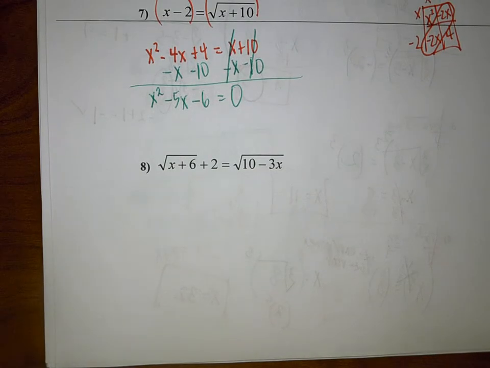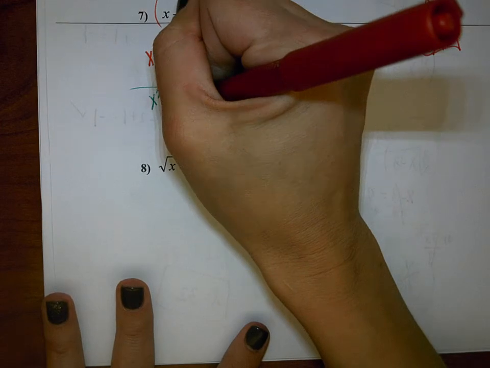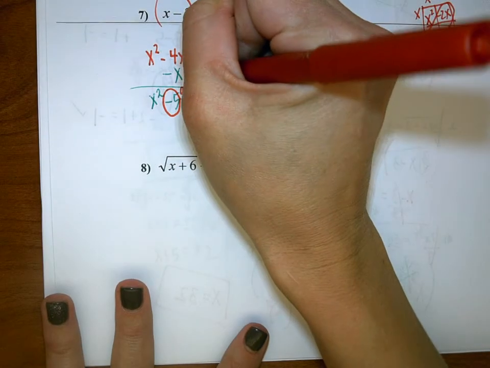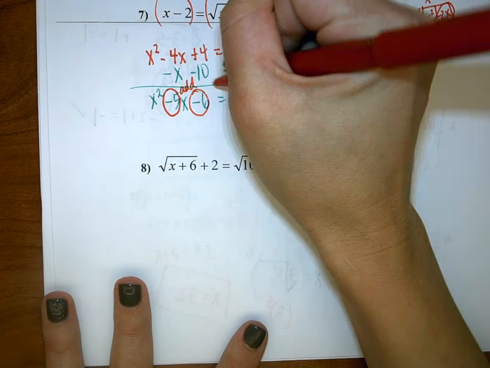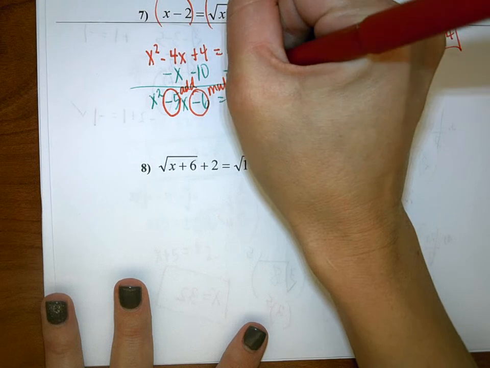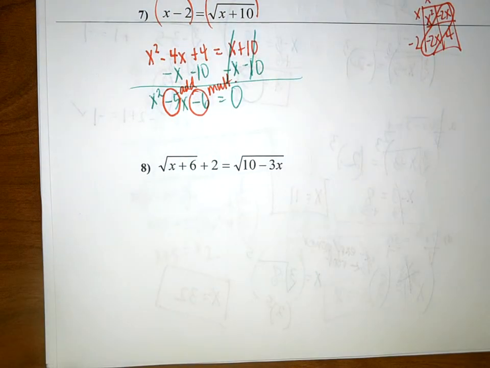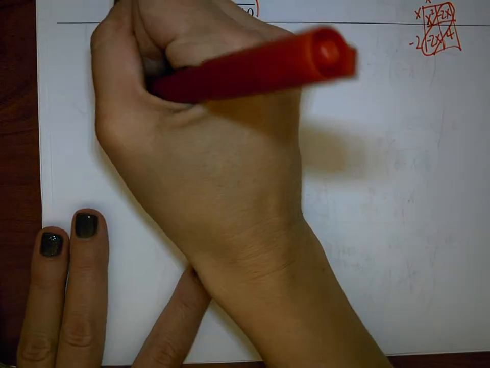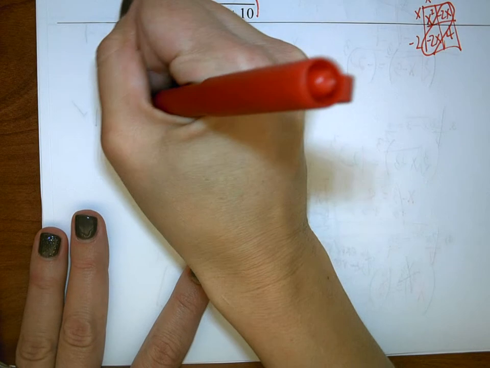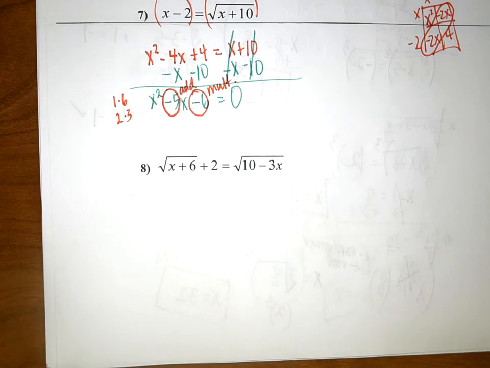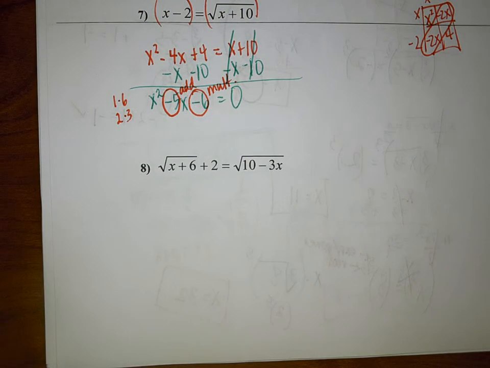So we are factoring. Remember, our middle number is our adding number. Our negative 6 is our multiplying. Be careful with this because 1 and 6 and 2 and 3 can both make 5. But they won't both make a negative 5 when you're adding and a negative 6 when you're multiplying. 1 and 6 is correct.